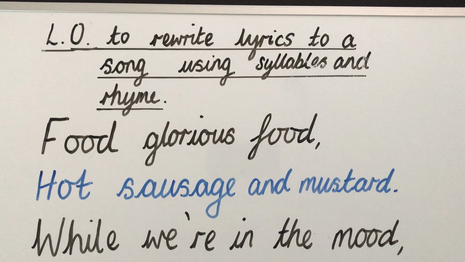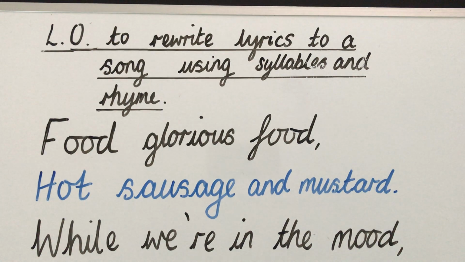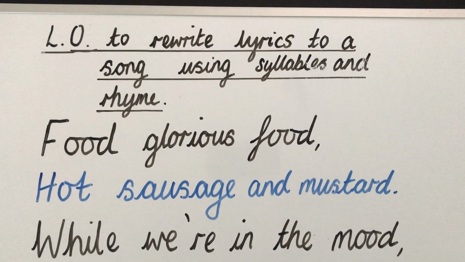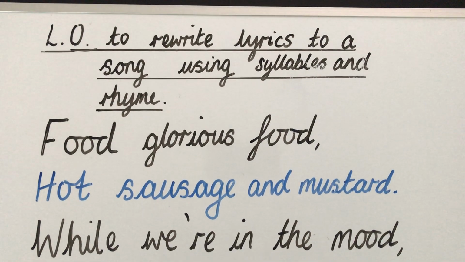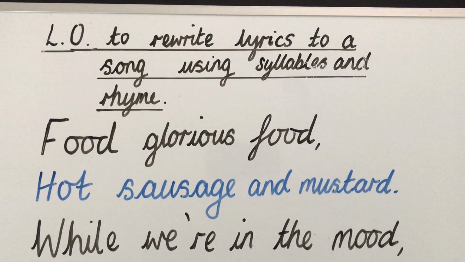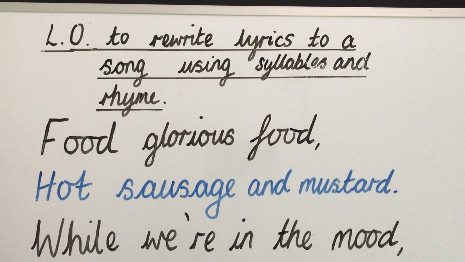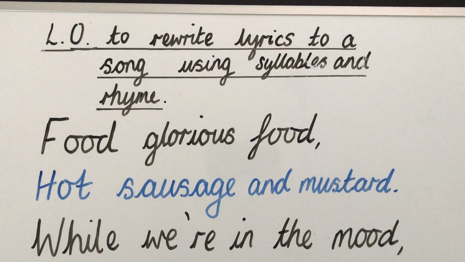The first thing you need to know when we're rewriting the lyrics to a song is it's a little bit like a poem. Songs are like a poem, and we know that poems usually come with a rhythm. You can find out this rhythm by working out how many syllables are in each line. Syllables are the number of beats in a word.